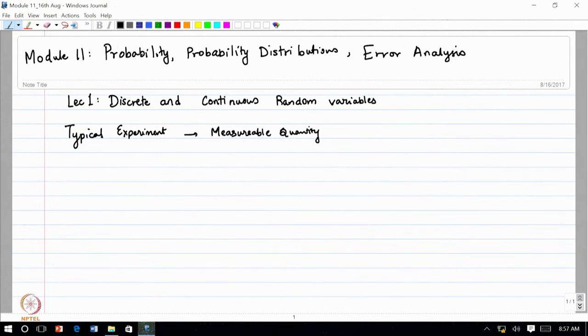Let me call this quantity x. x is a measurable quantity. Now you do your experiment, let us say the first experiment, and the outcome of the experiment is some value of x. Let us say that value is x1.